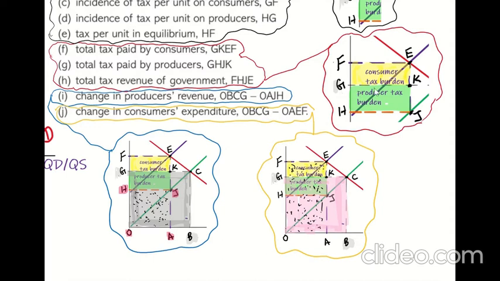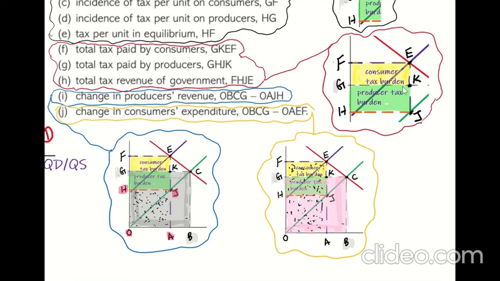G, K, E, F represents the consumer tax burden. Whereas the total tax paid by the producers is the green highlighted area. G, H, J, K represents the total tax paid by the producers.